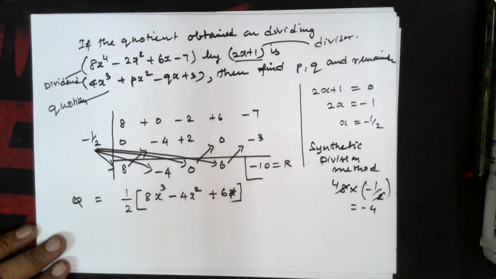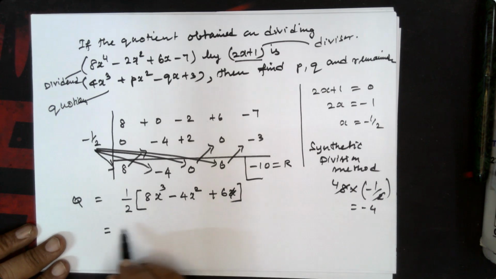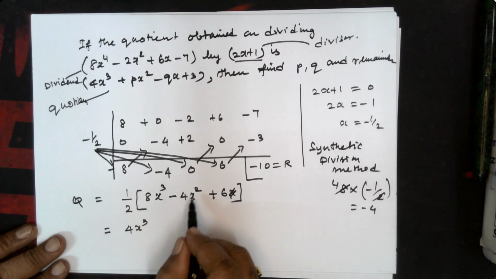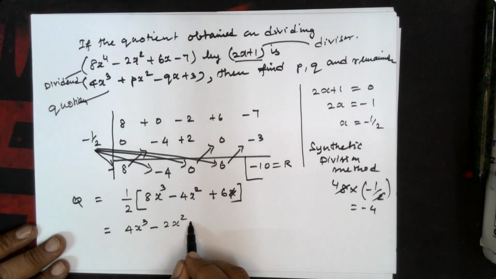So 6 is the constant. Clear? Now multiply by this 1 by 2. How much? 4x cube. And 1 by 2 into minus 4, how much? Minus 2x squared, and this much plus 3.